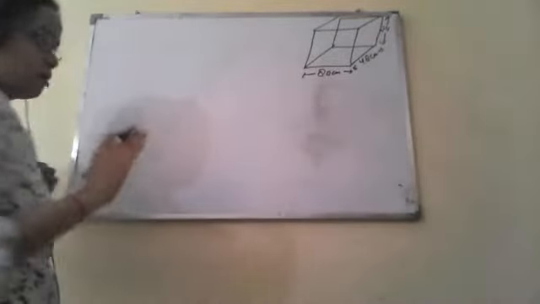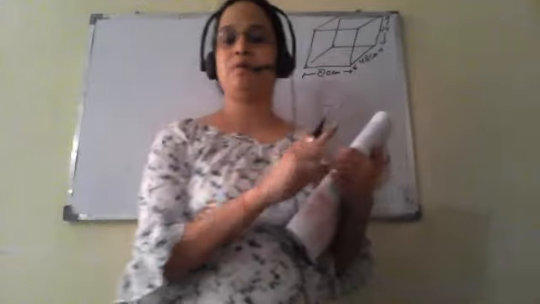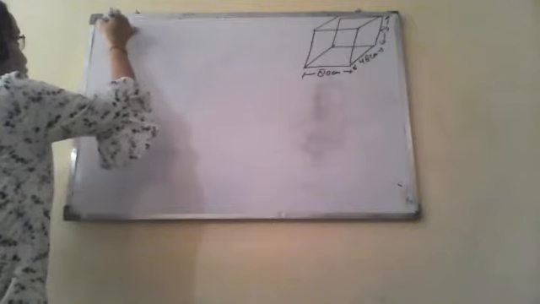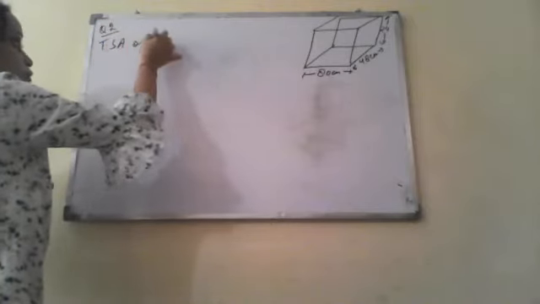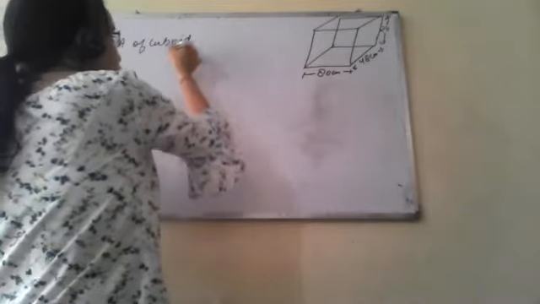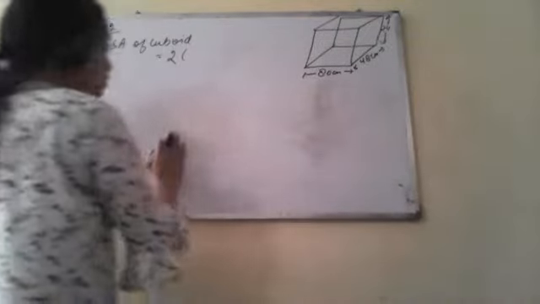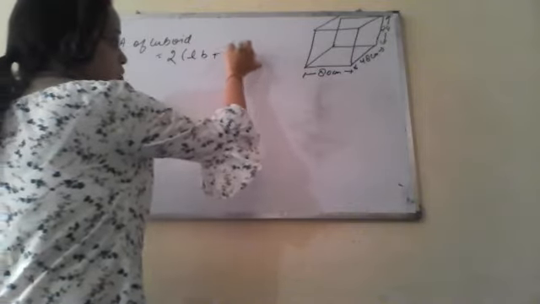Okay. So first we will calculate the total surface area, because that tarpaulin cloth has to be wrapped all over the cuboidal box. So this is question number 2. Total surface area of cuboid is 2 into LB plus BH plus LH.